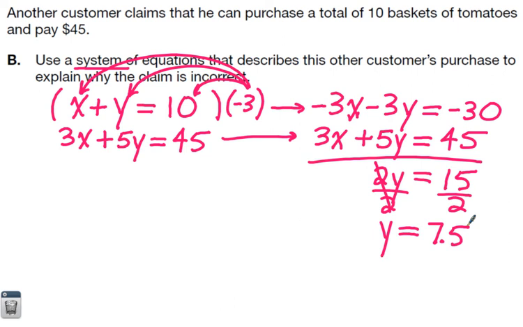7.5 large baskets. That doesn't make any sense, and the directions confirm that, officially, when they say only a whole number of baskets can be purchased. So essentially the directions are just confirming the not surprising fact that you can't purchase 7.5 baskets.